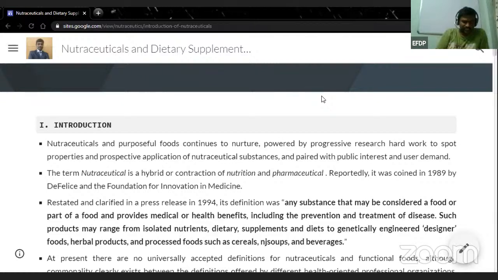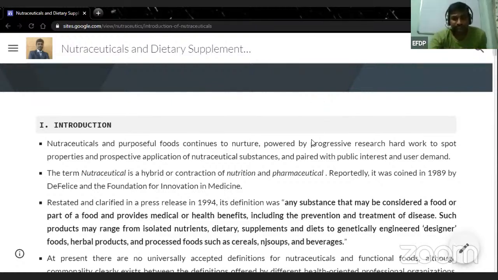Yes, Disha Patil gave the answer dairy product and citrus fruit. No, it does not extend up to dairy product. Ishant also gave the answer dairy product. So Shailesh, Deepesh, Disha and Ishant, I am just explaining to you: it is a purposeful food continuing to nurture the power of progressive research.